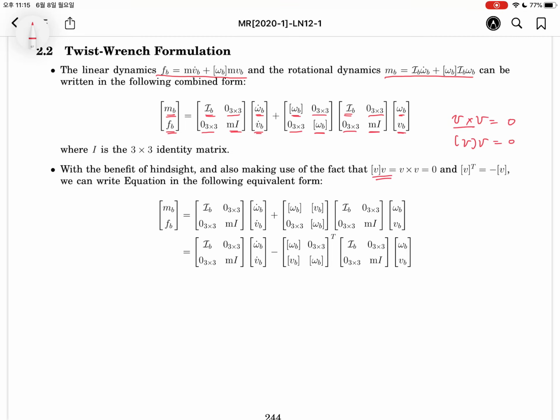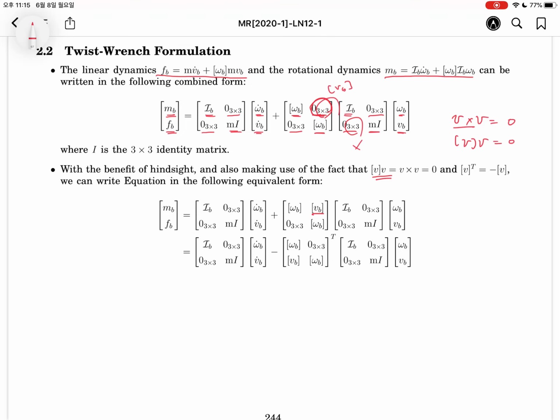We will use this property. From this part, let me add the skew symmetric form of v_B. Like this. It does not influence the total dynamics. Is it right? This part will be applied to here, and it will be zero.